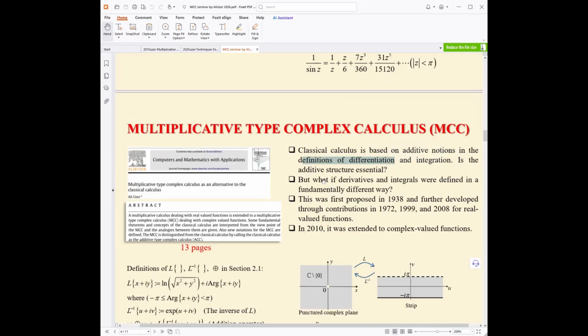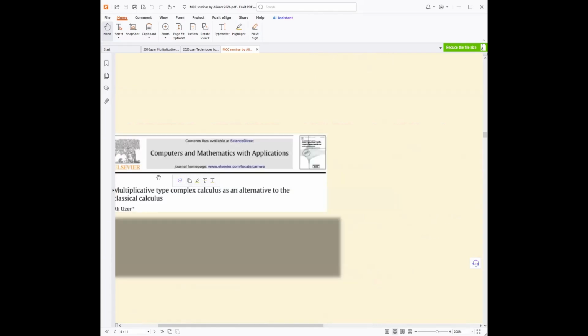But what would happen if the derivative and integrals were defined in a fundamentally different way? This was first proposed in 1938 and further developed through contributions in 1972, 1999, 2008 for real-valued positive and real-valued functions. In 2010, it was extended to complex-valued functions. This is the first page of this paper.